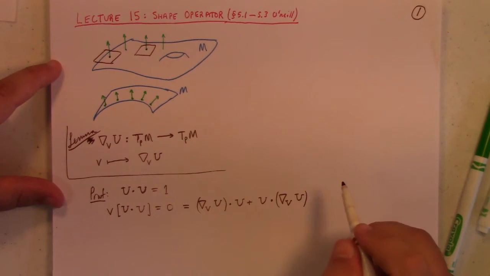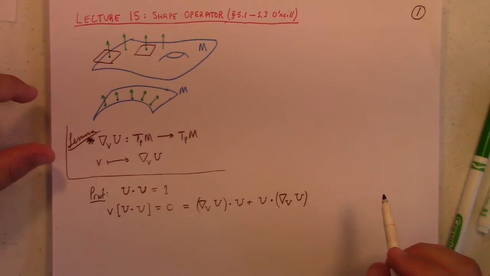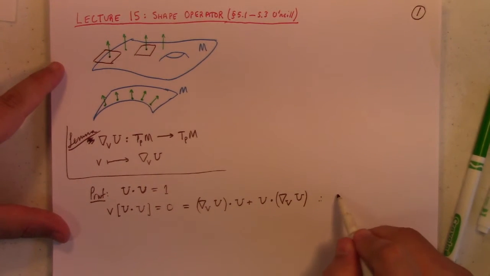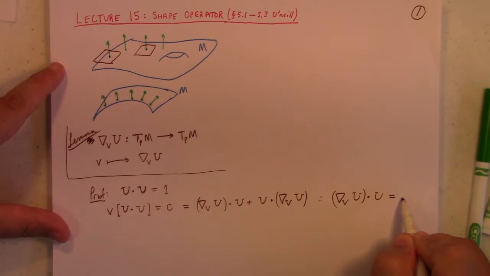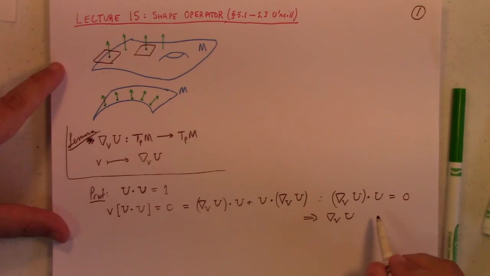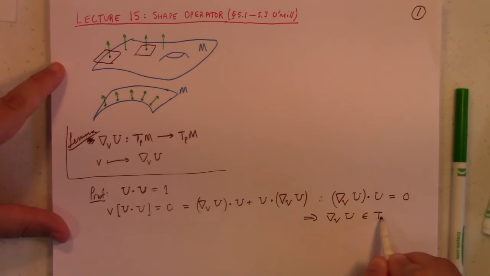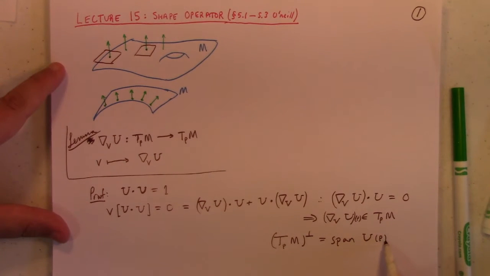All right, so there you have it. The covariant derivative in the v direction of u, dotted with u, is equal to 0. But that tells me that the covariant derivative in the v direction of u is an element of the tangent space to M at P, if I'm, again, considering this at the point P. Because, of course, the perp of the tangent space to M at P is given by the span of the unit normal at that point, right?